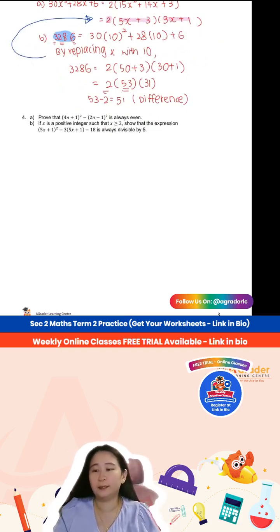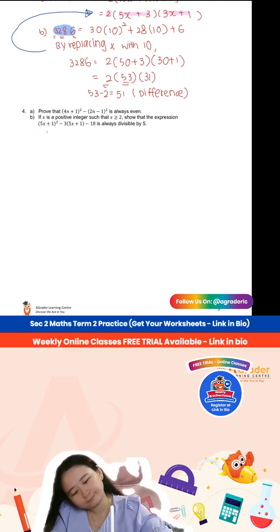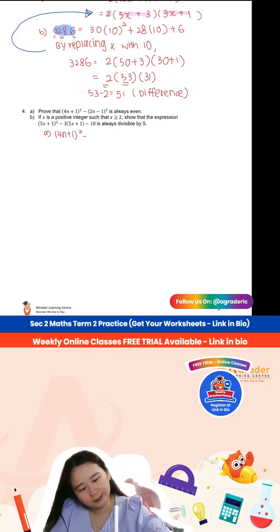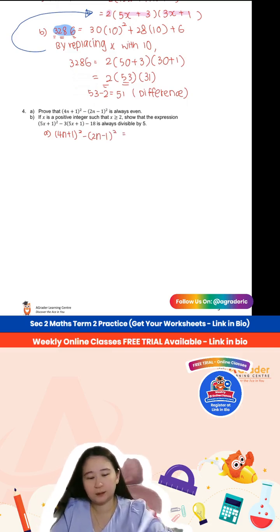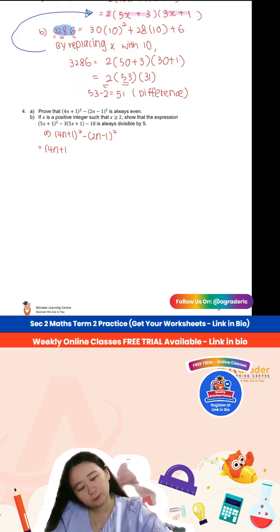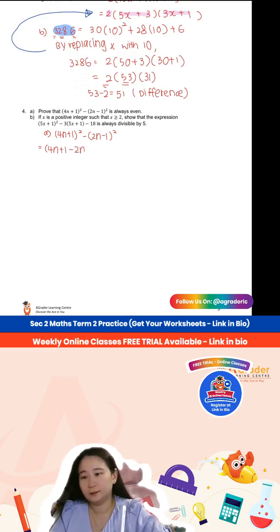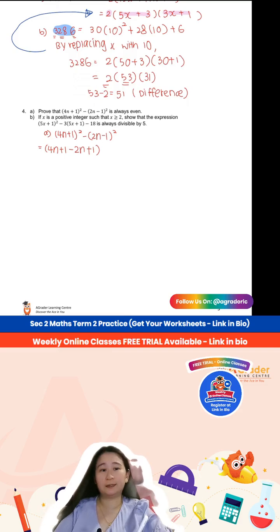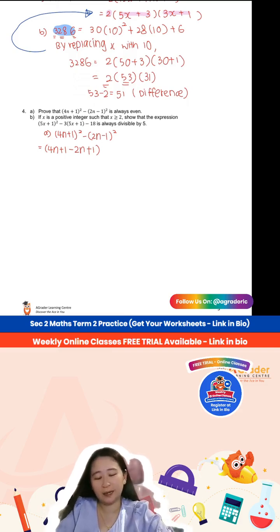Okay, part A. We have 4n plus 1 squared minus 2n minus 1 squared. It is equal to 4n plus 1 minus 2n plus 1, because we multiply with the negative sign in front, so it became a plus.